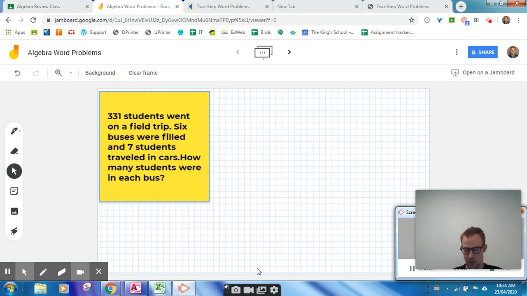So what you need to do when you're solving an algebra problem is assess the information that you're given. The first piece of information that we are given is that there was a total of 331 students. So we'll say 331 students total.